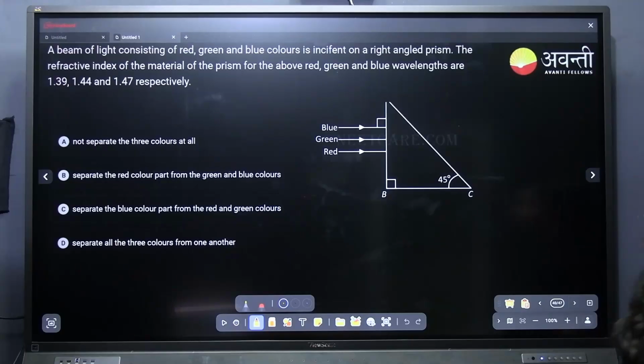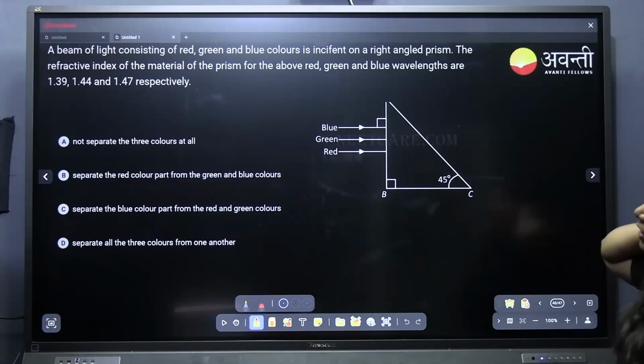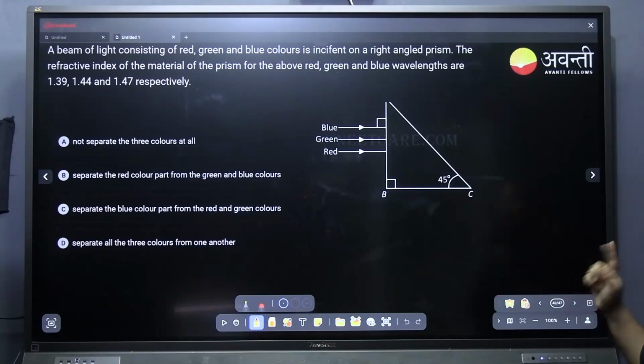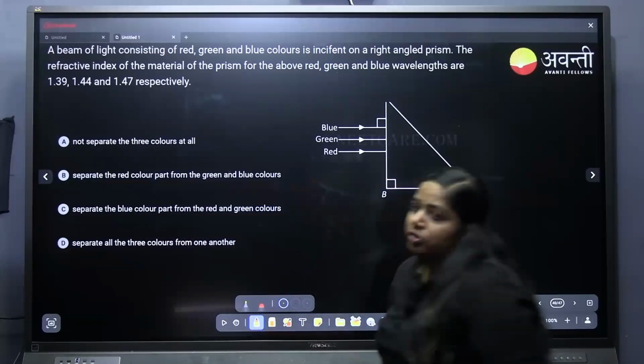Next one. A beam of light consisting of red, green and blue colors is incident on a right angle prism. The refractive index of the material of the prism for the above red, green, blue wavelengths are 1.39, 1.44 and 1.47.